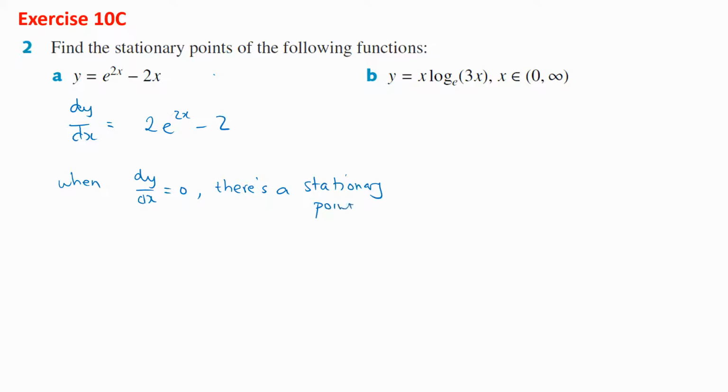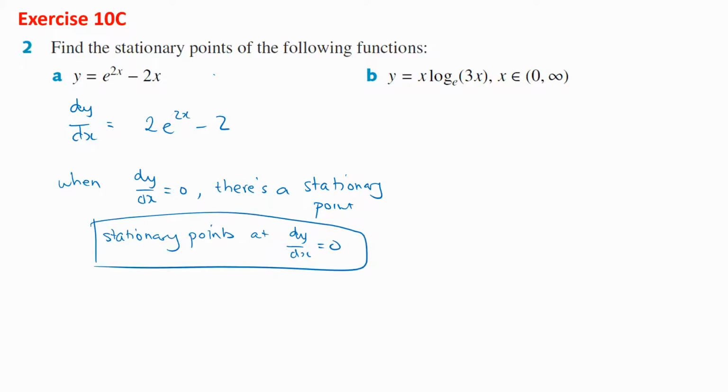If you didn't want to write that, you can say stationary point at dy dx equals 0. This is okay too. But you just need to say that you know stationary points will occur when you know that the gradient is 0. dy dx is the gradient.